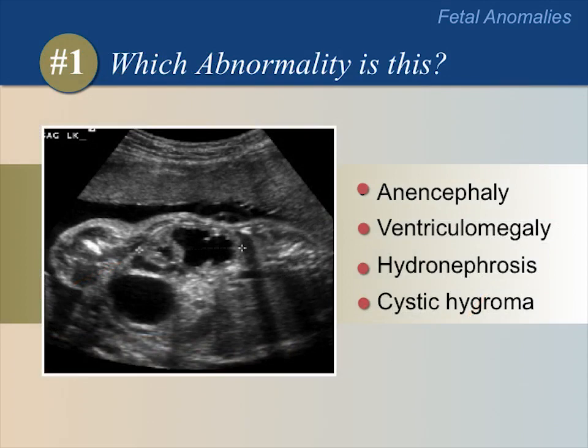Let's practice using ultrasound images to identify these 4 abnormalities. Please look at image number 1 and guess which abnormality is seen in the image and name one associated feature. Please pause the video now.